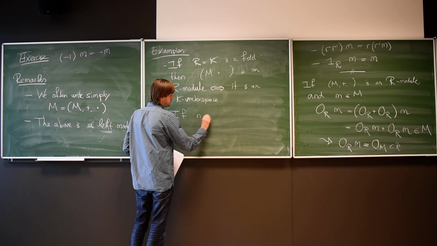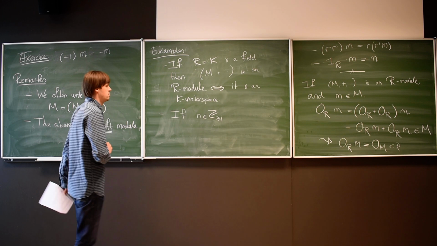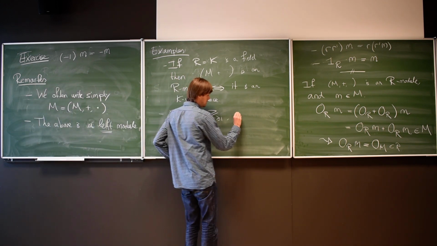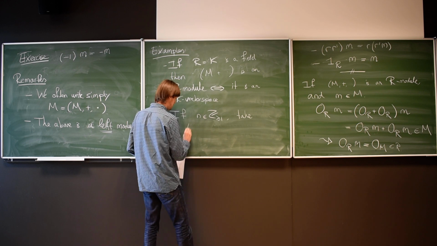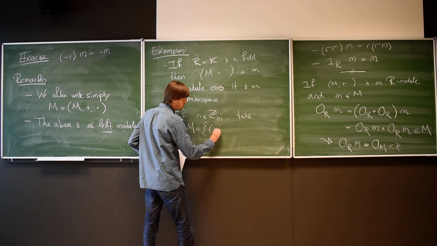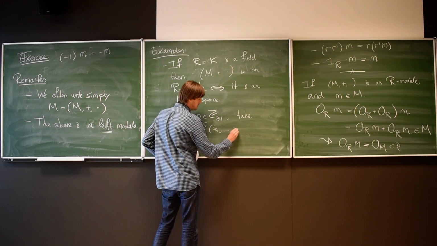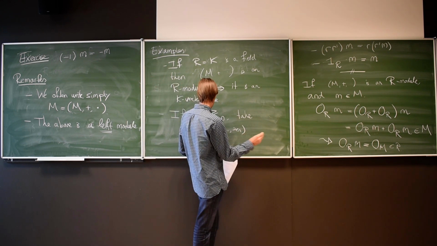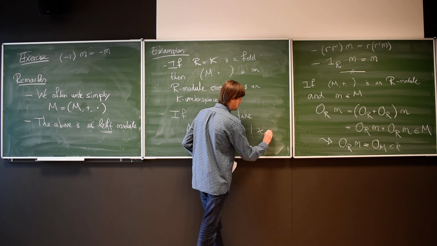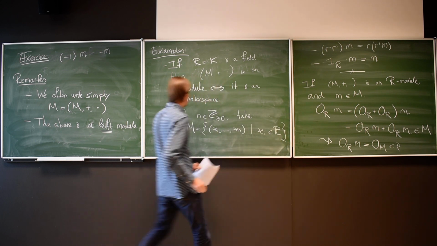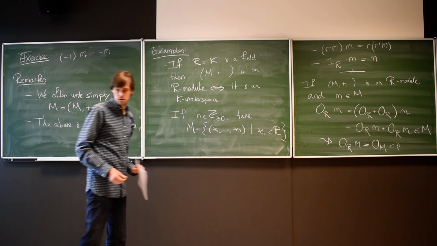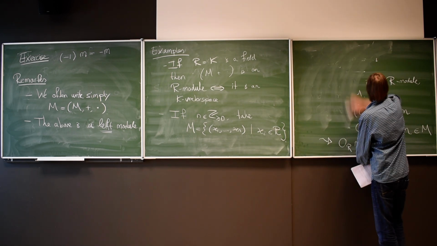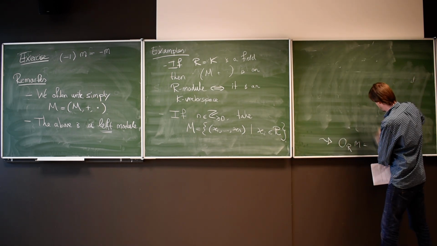So if you have an integer n in Z, and I go back to our general ring, then we can take the set M consisting of all tuples x1 up to xn, or maybe I also allow 0, where xi is in R. So I take M, the set, equal to this, and addition given by the component-wise operations.